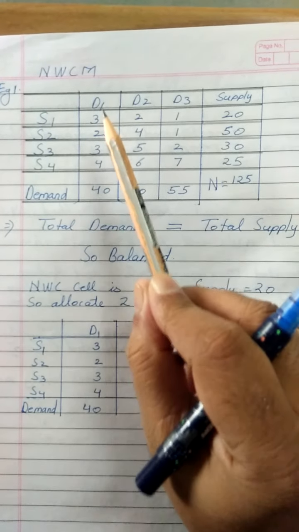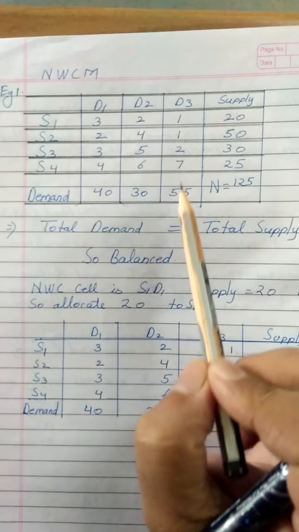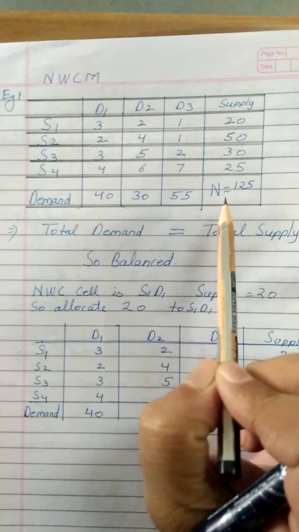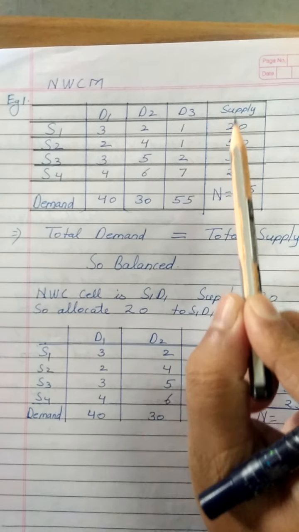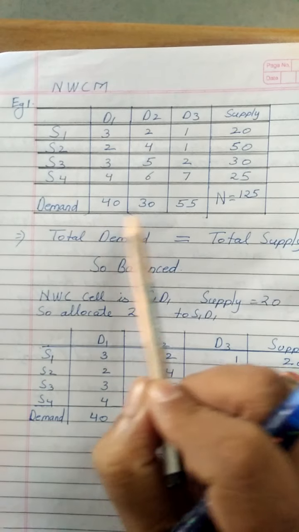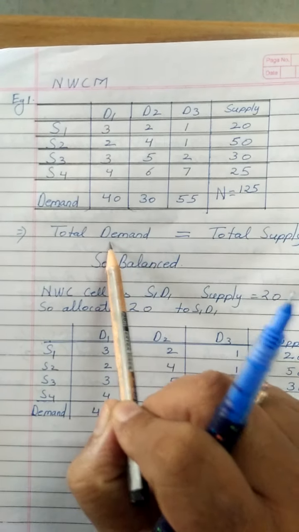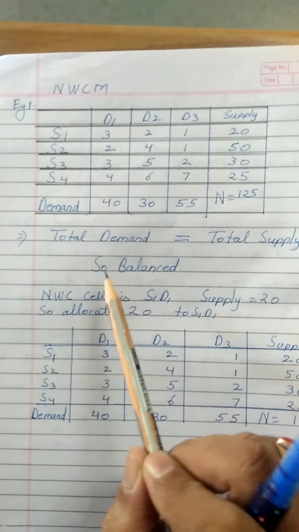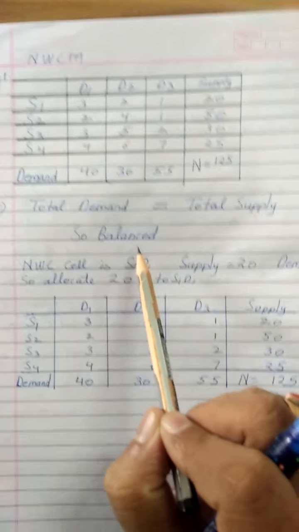And for each destination the demand is 40, second is 30, third is 55. If you add all this, the total is 125. So here supply total is 125, demand total is 125. That is the reason we can say that total demand equals total supply. So the problem is balanced. Now we can find the feasible solution.